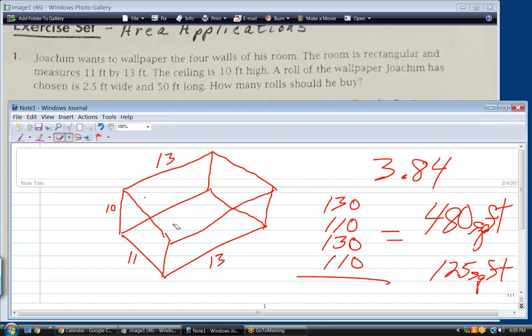You're not going to put the rolls up and down. Notice that that's a problem here. If I unroll the wallpaper and I lay it vertically, so that there's my 2.5 feet, notice that it doesn't fit precisely in my 13-foot long room. 5 rolls would still leave a 1/2 foot space right there.